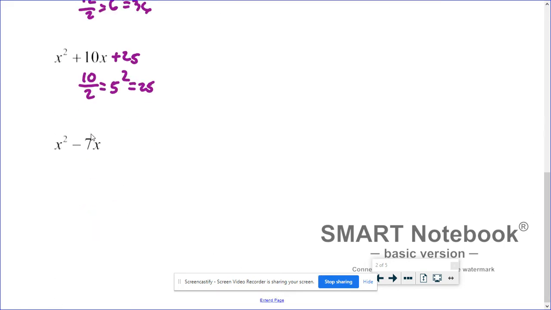It's kind of a pain when the number is odd, because now when I divide that by 2, I'm going to leave it as an improper fraction. When I square it, I get 49/4. Notice how every time I'm adding a number, right? Because when you square anything, whether it's positive or negative, it becomes positive. So you're always going to be adding a number to complete the square.